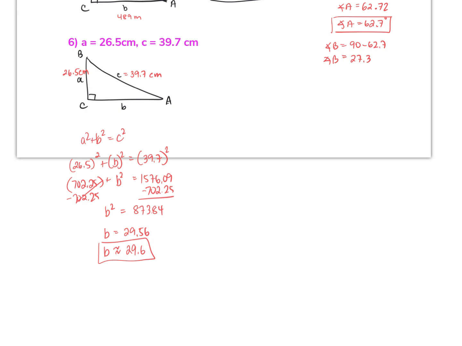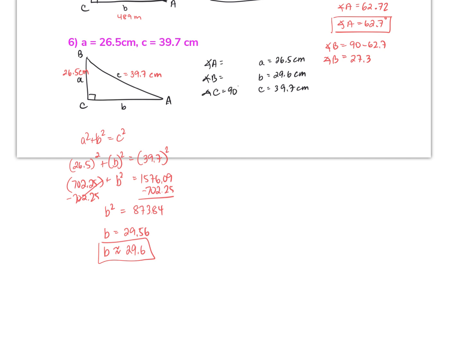So again, remember that what we're looking for here to solve this problem is angle A, angle B, and angle C. And we're looking for little a, little b, and little c. We were given little a, we were given little c, or side c, however you want to call it, and b we just calculated was 29.6 centimeters.